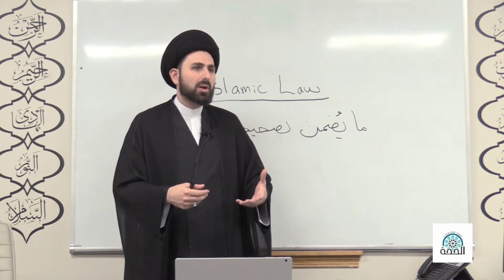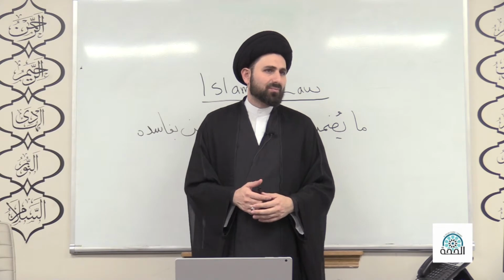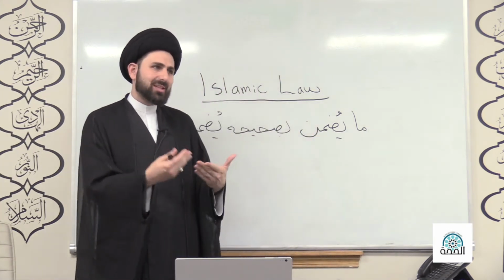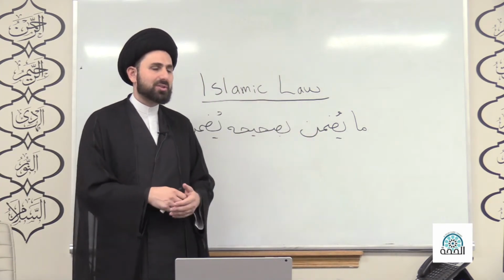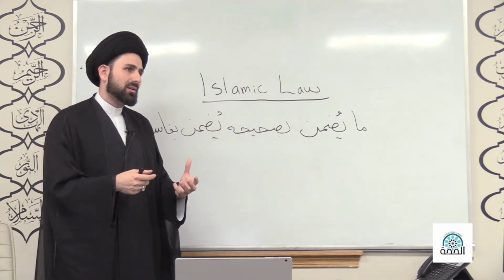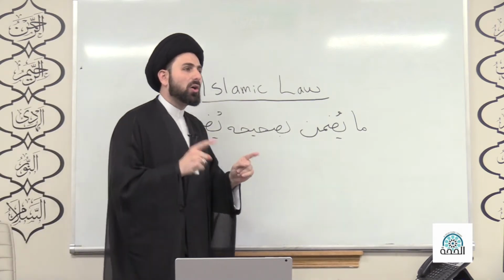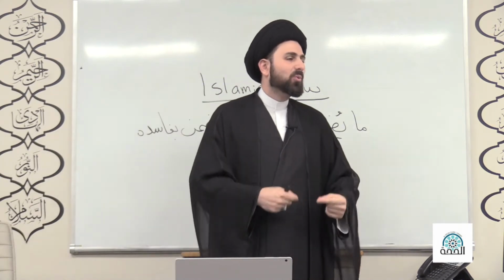It's no longer suitable for eating. One of the meanings of fasid in transactions is what? Invalid. So now, let's translate the sentence and then see how scholars apply it. That which you're liable for when it is a valid transaction, you're also liable for it when it is an invalid transaction.